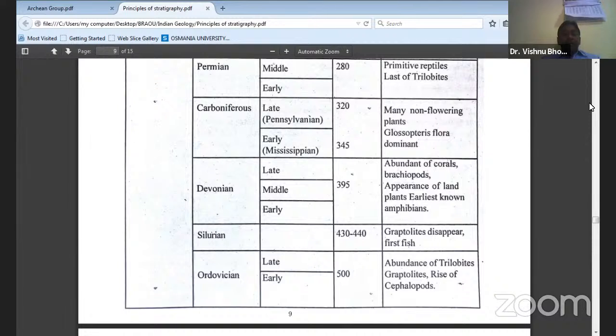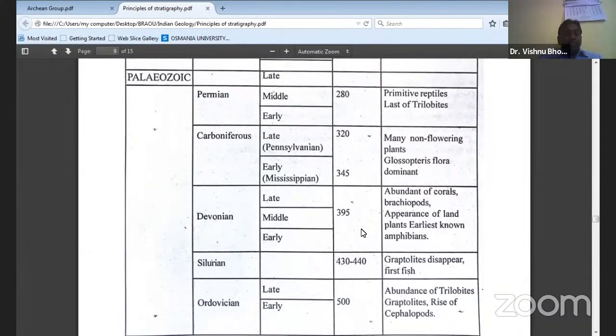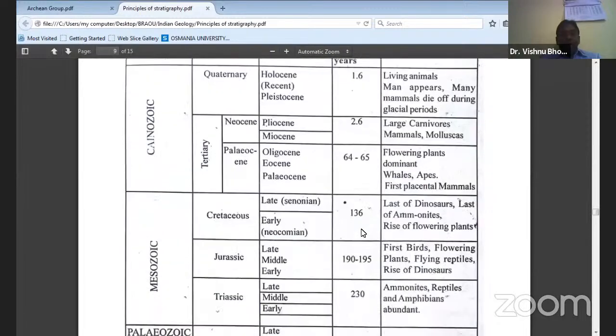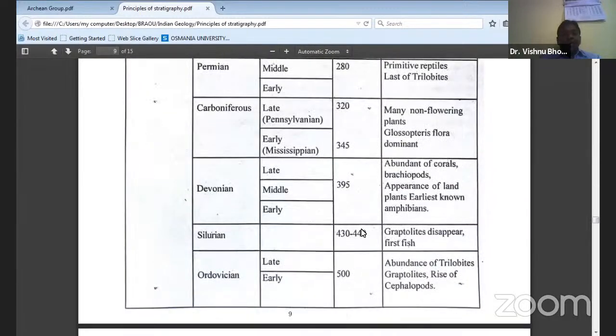And later on, the period is the Devonian. The Devonian also has three epochs or series.